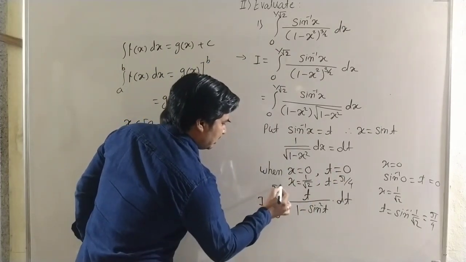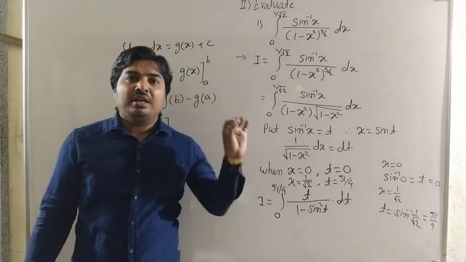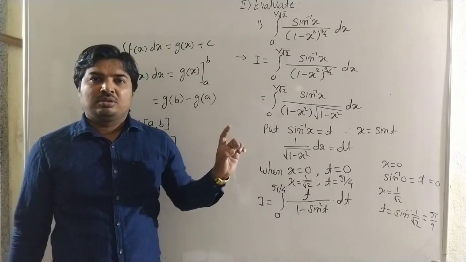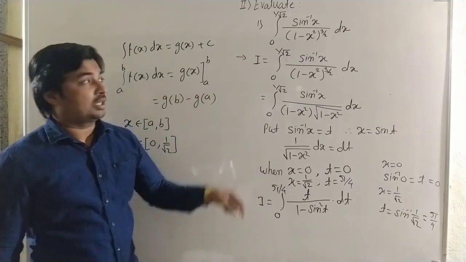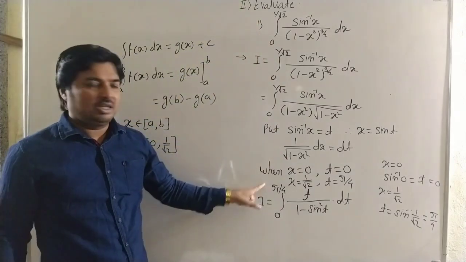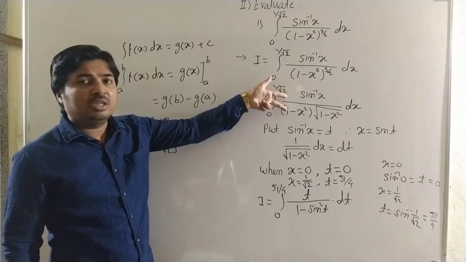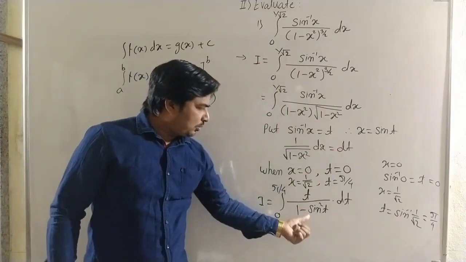This step is very important in the definite integral. When we use substitution in definite integral examples, change the limit. The problem is in the variable x, and we substitute t.